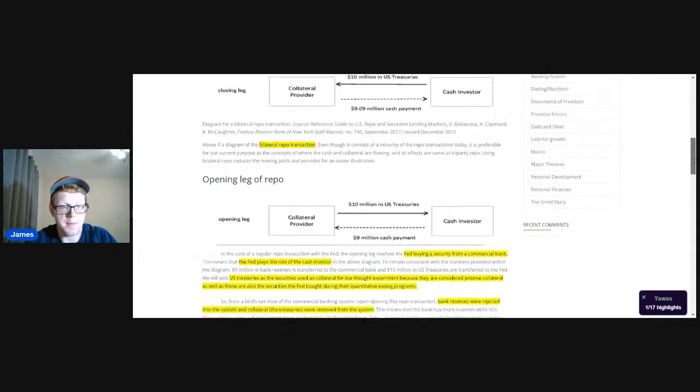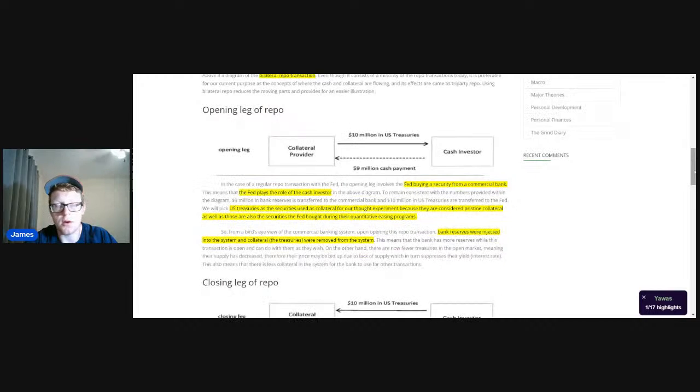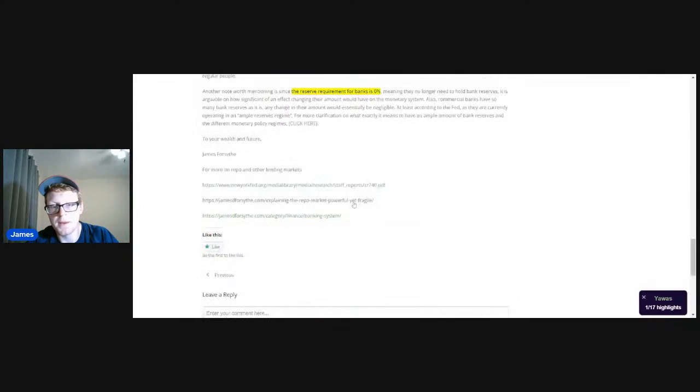But yeah, anyways, for the opening, I should probably say this beforehand. If this is the first repo related video or post you're reading from me, I did link, I'll point it out at the bottom, I believe it's the middle one, where I go more in general into what an actual repo transaction is and the different characteristics.